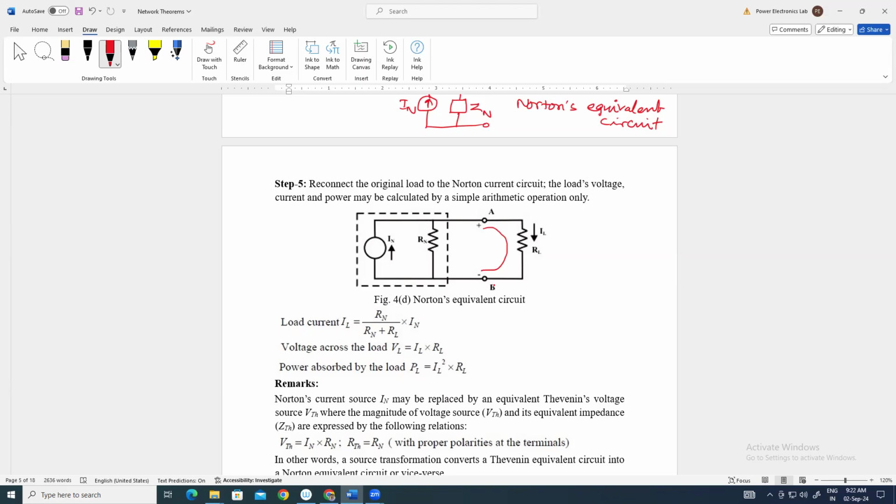In this case we have considered it as a load resistor RL. Current flowing through this is IL. So what will be the value of IL? IL can be calculated simply by using the current division rule. In these two parallel branches, you can see that the main current IN is flowing, and at this terminal it splits.